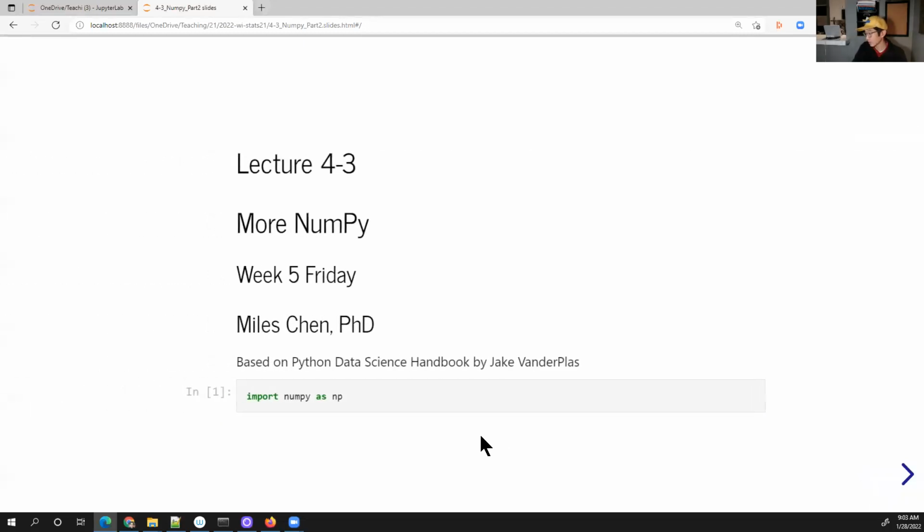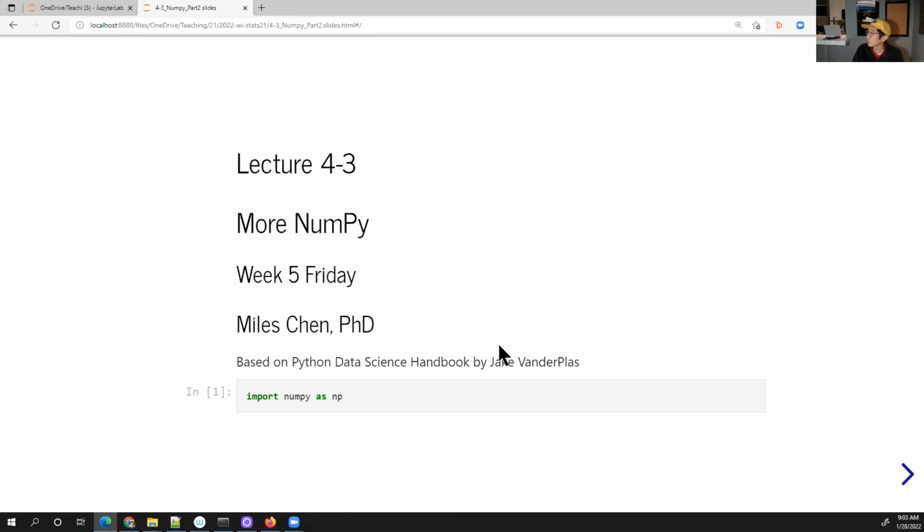Today we are going to cover some more topics from NumPy. Again, NumPy is the package, or library, or module, that we load into Python that allows us to use the NumPy array, which is a data structure where everything in the array has to be of the same data type. And that helps speed up computations.